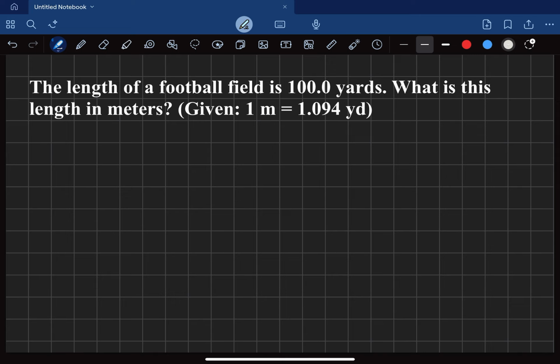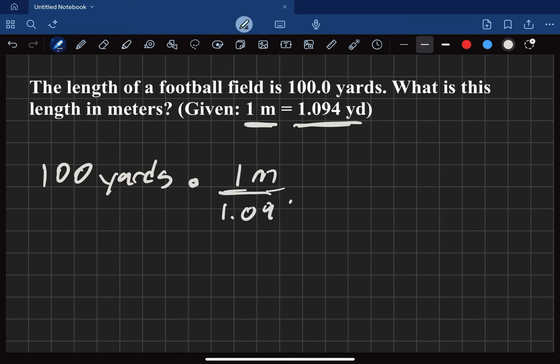So if the length of a football field is 100 yards, and we know that 1 meter is equal to 1.094 yards, we can multiply by 1 meter divided by 1.094 yards. And we're dividing the same number by itself because we know they're equal to each other. So that's just multiplying by 1.